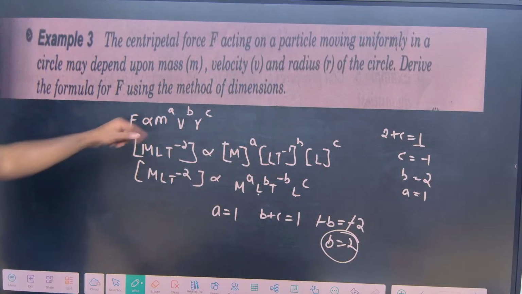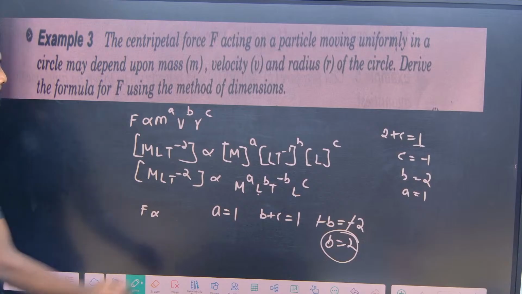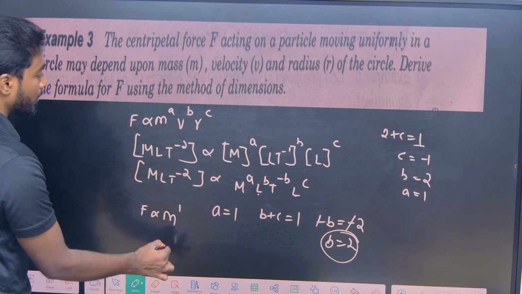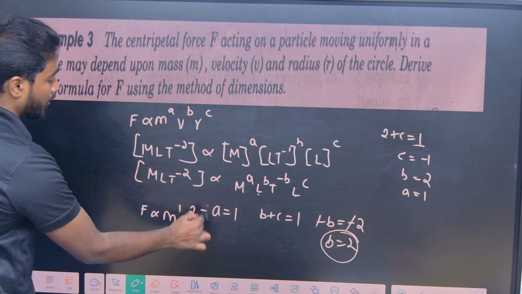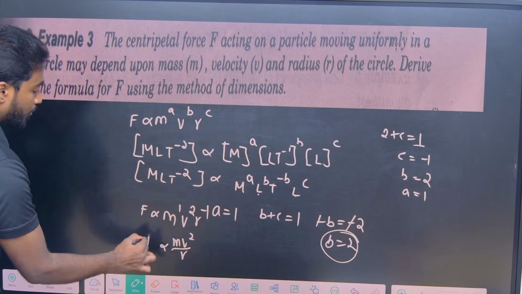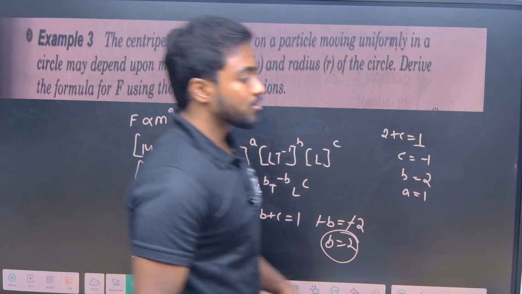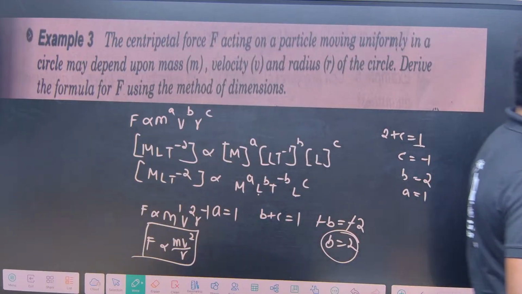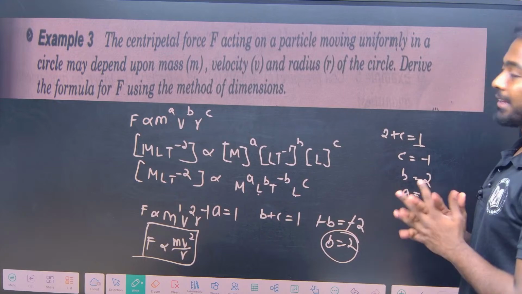That's it. So F is directly proportional to m power 1, v power 2 and R power minus 1. So m v square by R is the formula for centripetal force, right? This is how we will do the problems when they are given in these types.